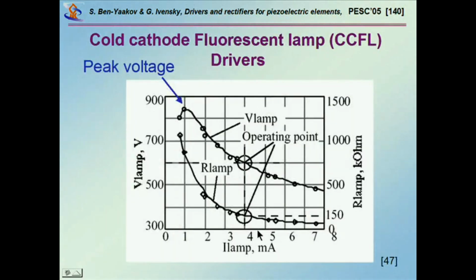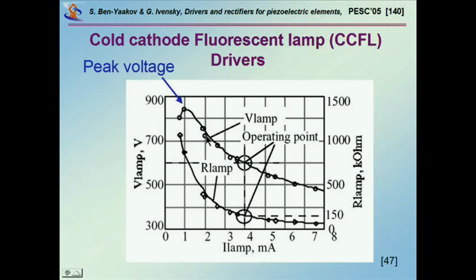Now, if you look at the characteristics of a cold cathode fluorescent lamp, typically this is the type of curve you get. This is RMS lamp current, and this is RMS lamp voltage. This is for these tiny lamps, say 2 millimeters diameter, that are used for the backlight of laptops or LCD monitors.